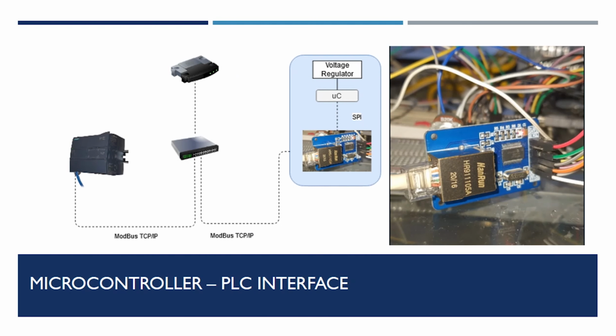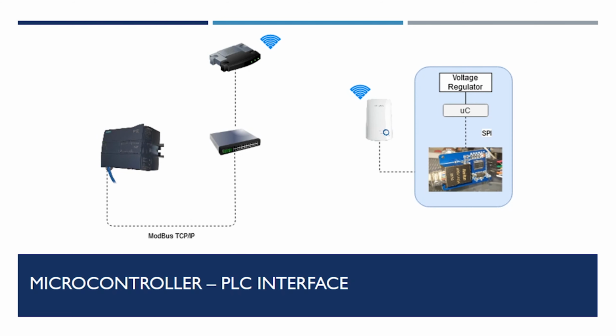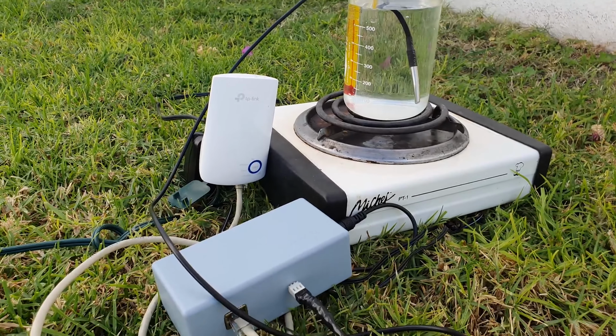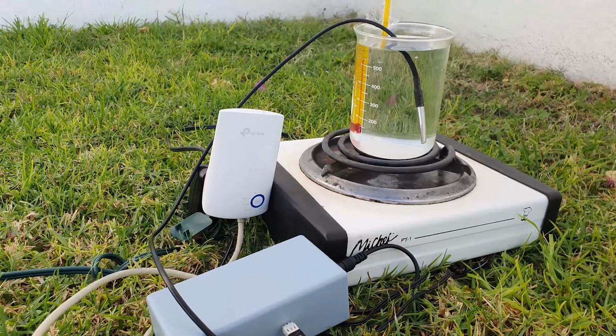Once we have tested this wired configuration, we can test the wireless configuration in a remote process location. So now let's test the remote process location. Let's say this is the setup.